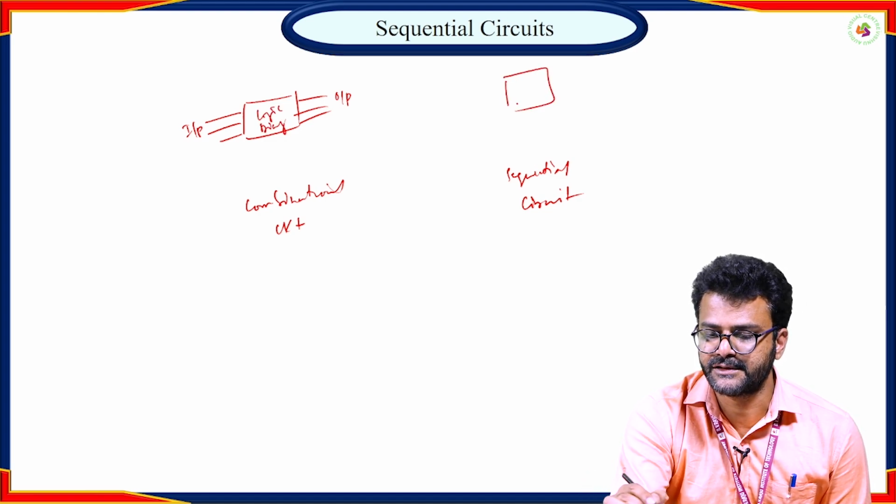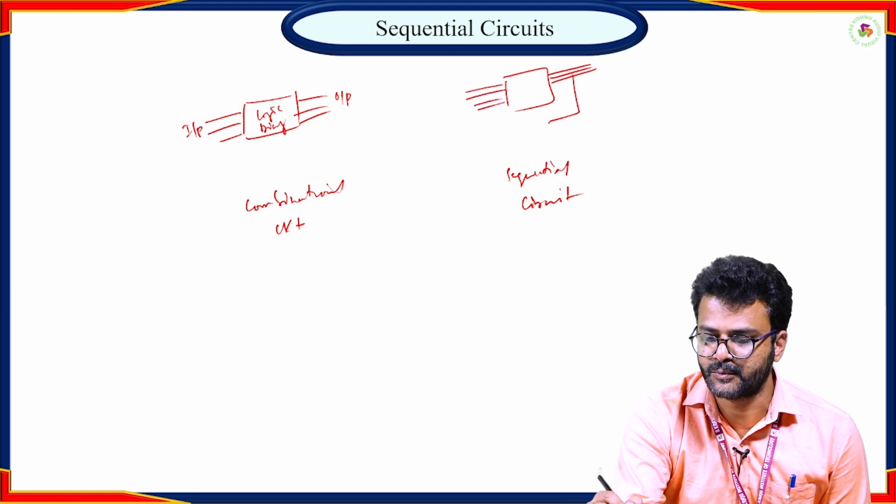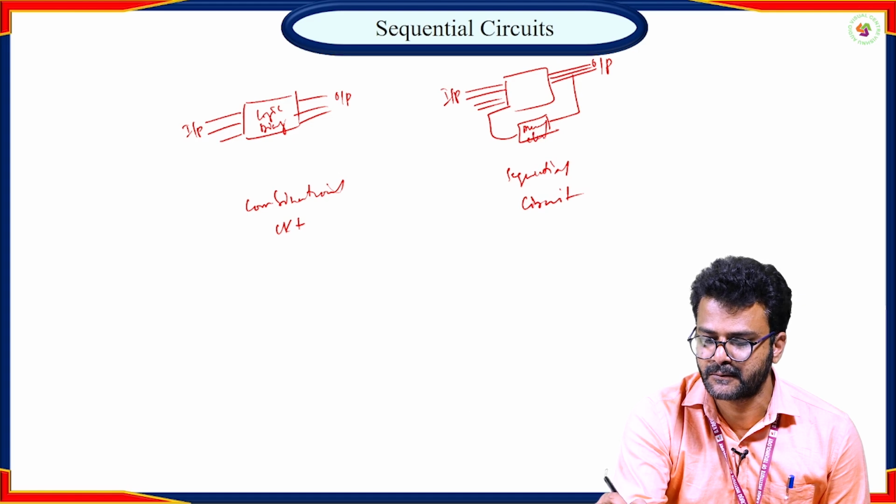In a sequential circuit, we have input and output, and the output is fed back again to the input through some memory element. Think of it as a flip-flop or a latch.